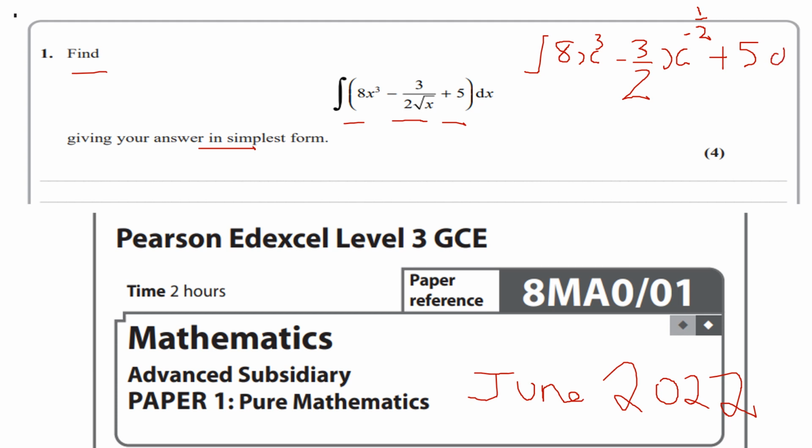Now integrate using our normal rules of integration for the power to power rule: you add 1 to the power and then divide by the new power. So we get 8x to the power of 4 over 4, so 8 quarters x to the 4.